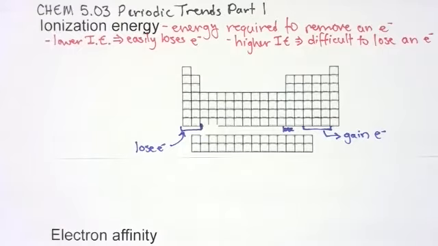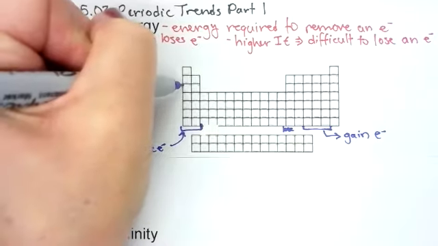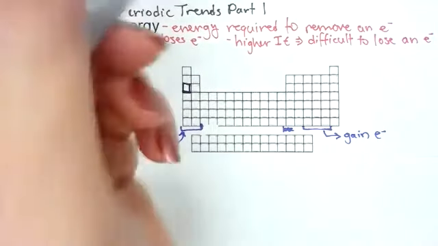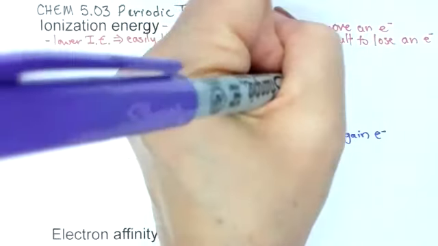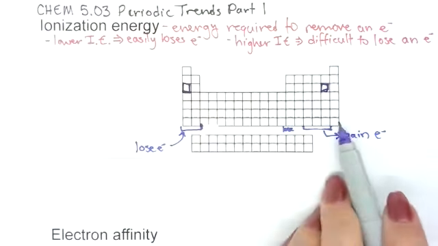So let's pick two elements here. Let's look at, and I'm going to grab my purple marker, let's compare left to right to start with. How about sodium and chlorine? I'm going to highlight sodium here, and I'm going to highlight chlorine over here. Now you'll notice I didn't come all the way out to the side.